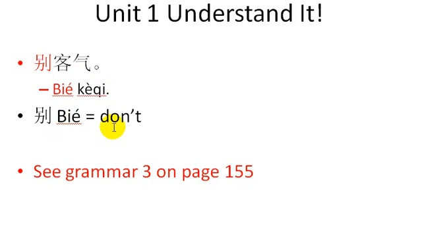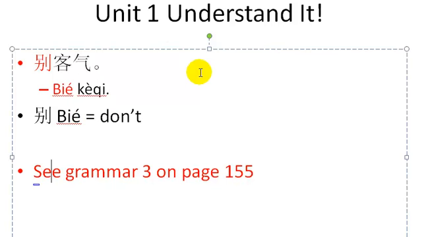Now, you're going to want to take a look at grammar note number 3 on page 155. 别 is very useful. And it doesn't say it in this way in this grammar note, but basically it's a way to make a command, to command somebody not to do something. You use 别 when you want to tell somebody not to do something. Okay? 别, don't.